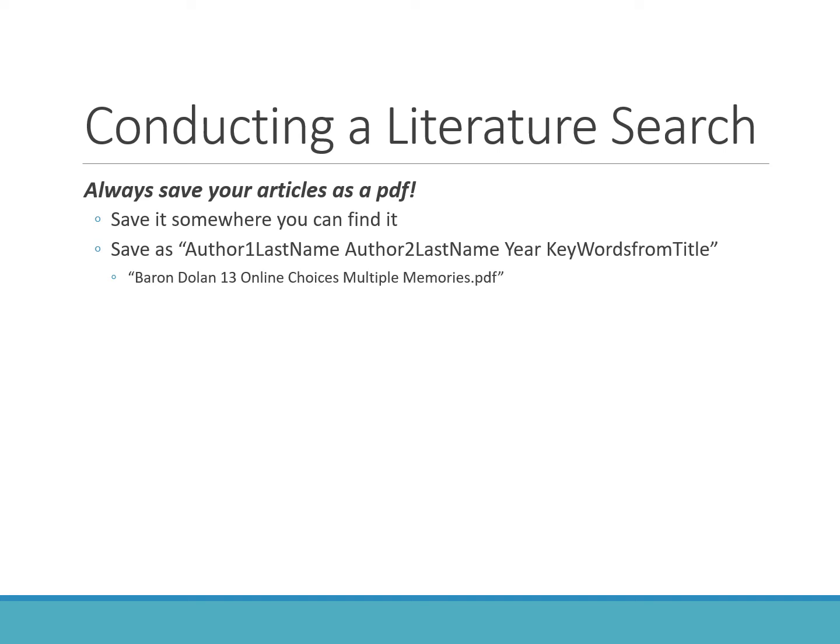So if the authors are Barron and Dolan in 2013, you would save it as Barron Dolan 13, and then we've got some keywords here: online choices, multiple memory. Okay, so those keywords, as I'm looking through my articles trying to figure out which one I want to cite or which one I want to read, should trigger me to think, oh yeah, this is the article I wanted. Whereas if I just label them article 1, 2, 3, I'm going to have no idea what the content of that article is.